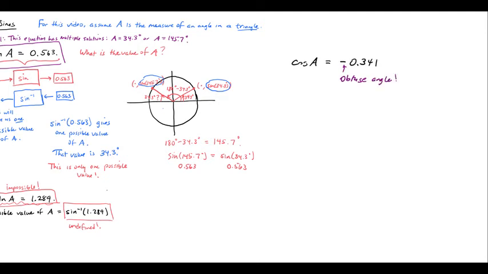Because when is the cosine possibly negative? It's going to be negative when I'm over in the second quadrant here.